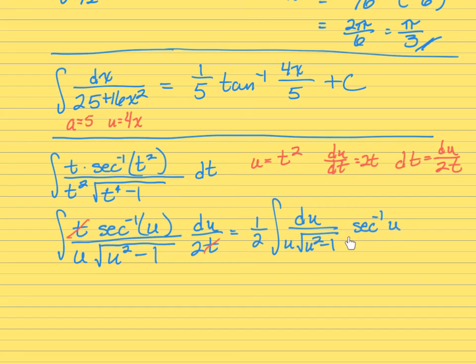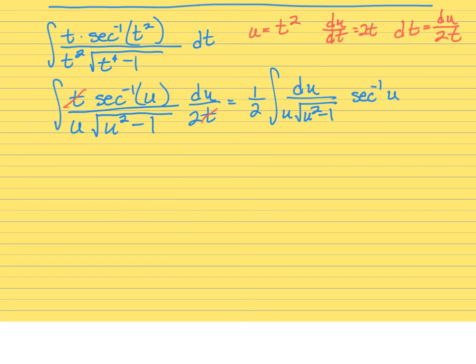And remember, the idea with the substitution is you let u equal something, and you hope that the derivative of that something is part of the function. And I just look at this and I notice, hey, the derivative of inverse secant is this guy right here, right? So that tells me that I can try this substitution. Let's let v equal inverse secant of u.